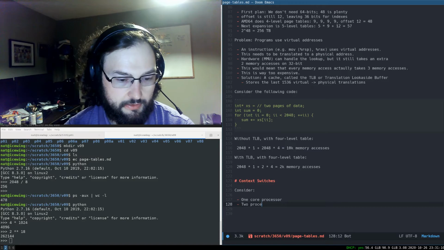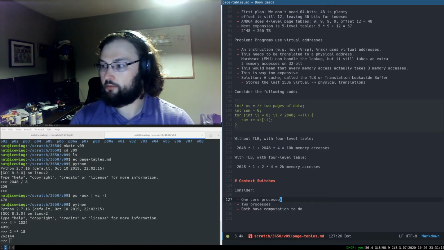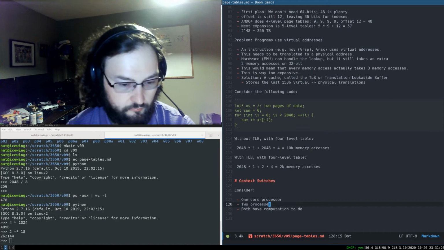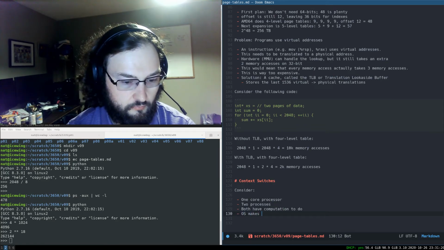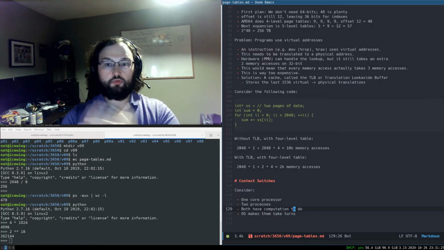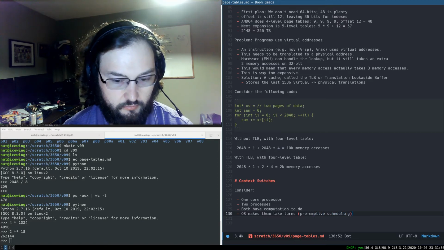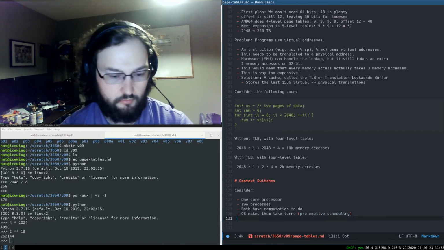We have 2 processes, and both of them have computations to do. They have work. So the way we handle that is that the operating system is going to preemptively schedule them.